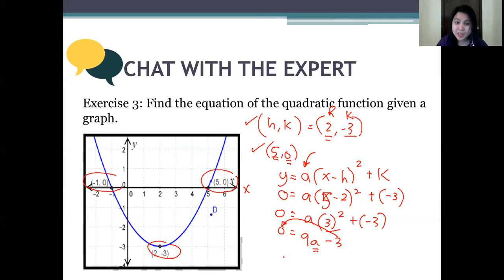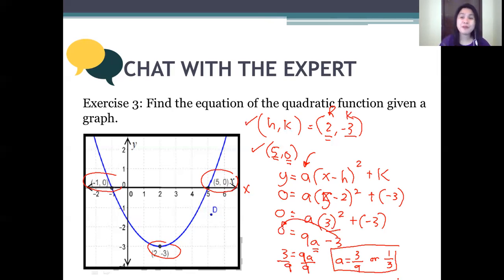So we have 3 equals 9a. We divide both sides by 9. So a is equal to 3 over 9, or if we simplify it, dividing the numerator and denominator by 3, a is equal to 1/3. So we now have the value for a.